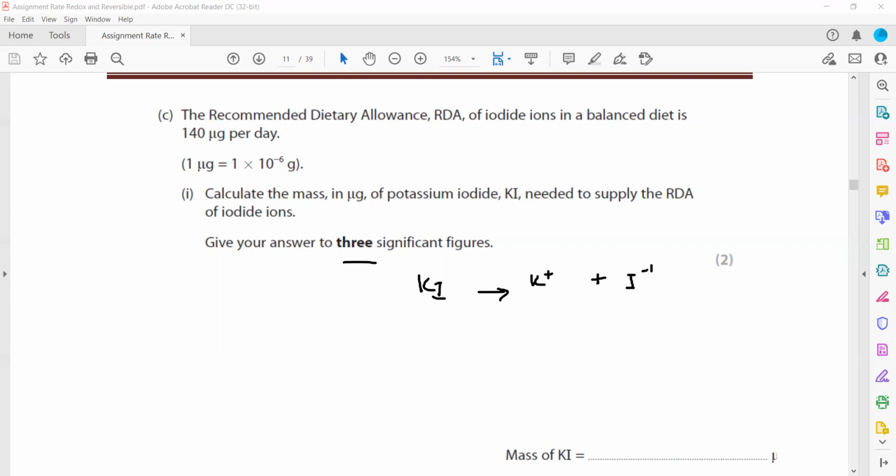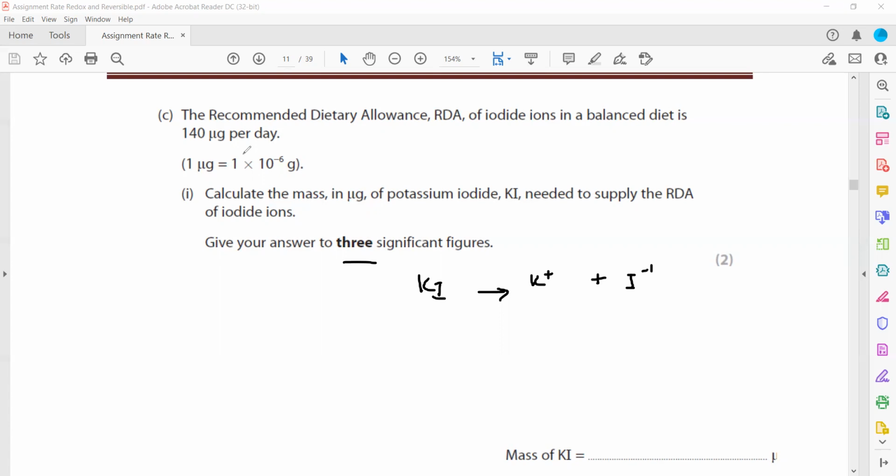So we can take the ratio of the mass, the total mass of potassium iodide. We have the formula: moles equal mass in gram over molar mass.